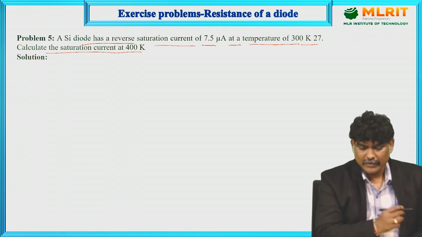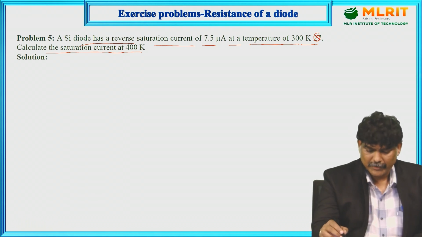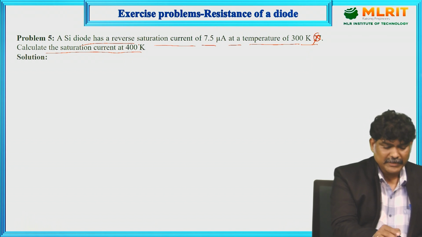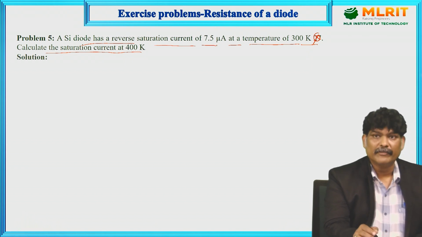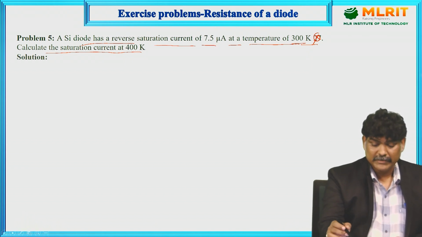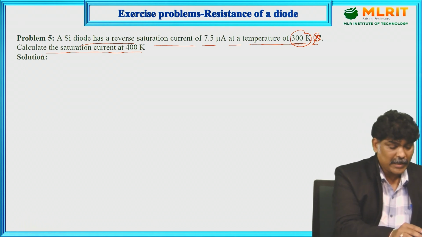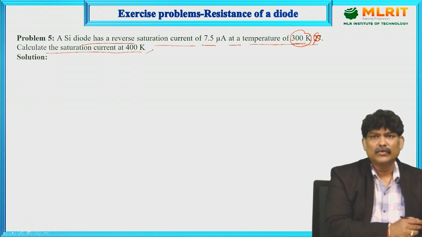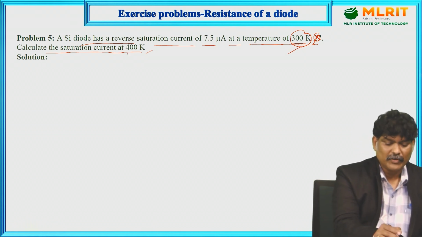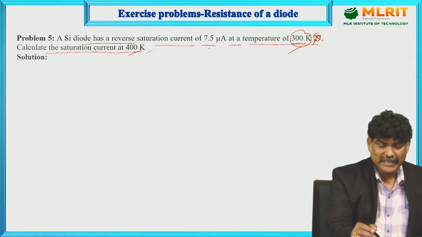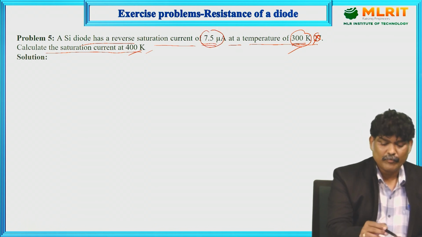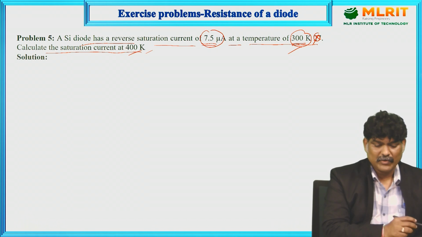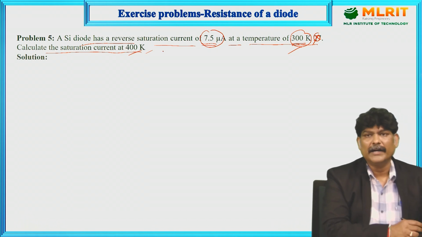Here it is wrongly printed. The temperature is increased from 300 Kelvin to 400 Kelvin, and the reverse saturation current at 300 Kelvin is 7.5 microamperes. So we need to calculate I02.